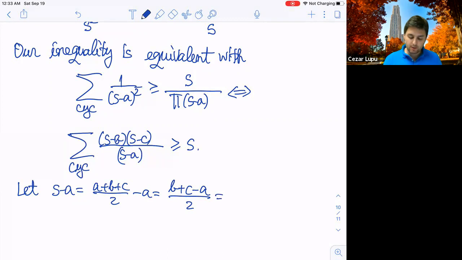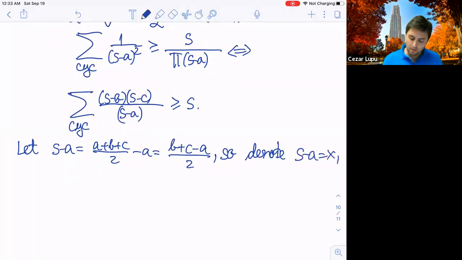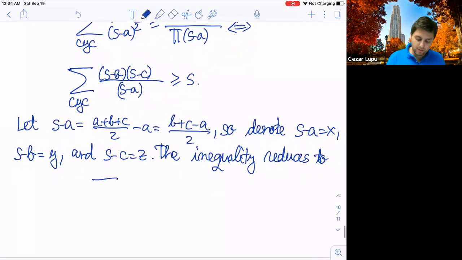Let's denote S minus A by X, S minus B by Y, and S minus C by Z. It follows that the inequality reduces to the cyclic sum of XY over Z greater or equal than the sum of X.